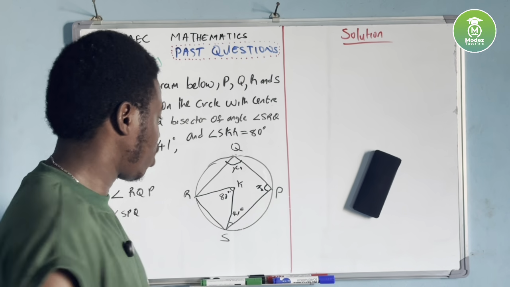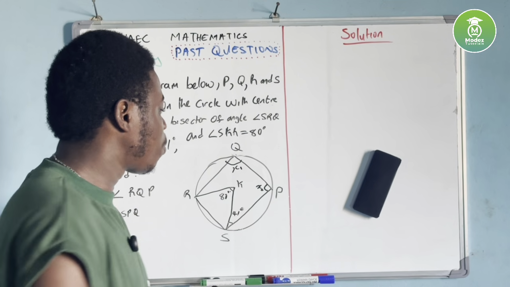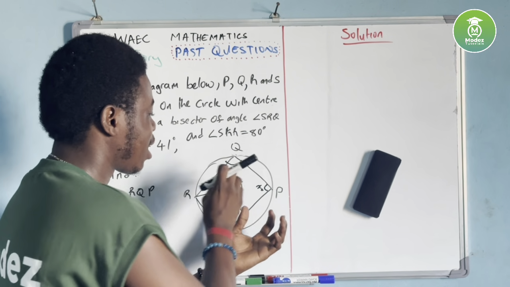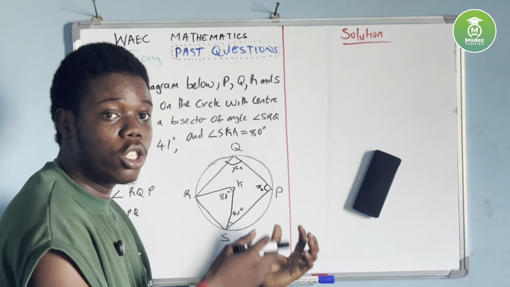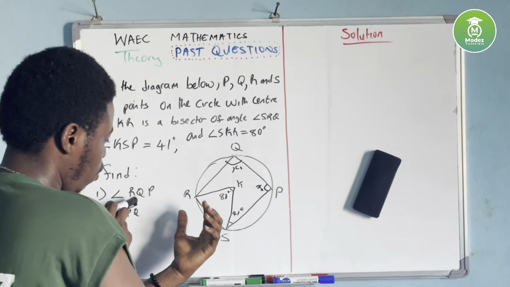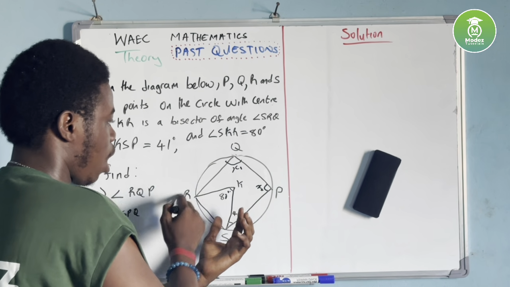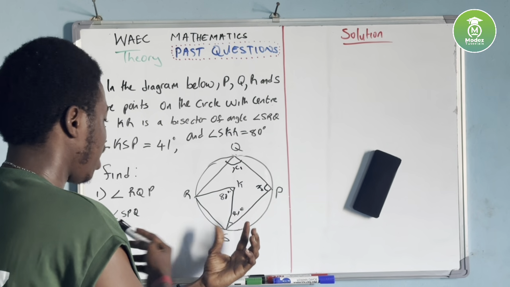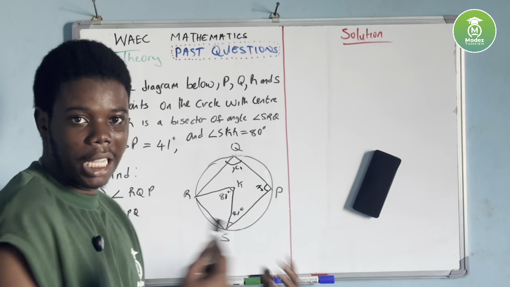Let me just use it that way because there are two unknowns. We are not going to be bringing X into the equation, but I'm just using this as an indication so you can know that these are the angles we are looking for, angle RQP and SPQ. I hope you are getting it.